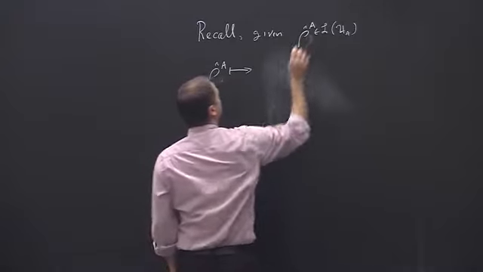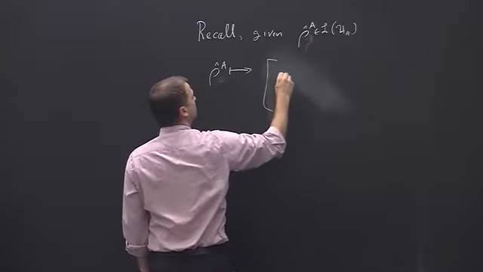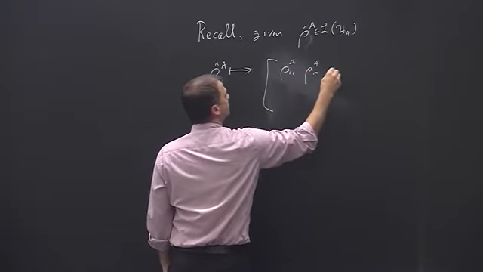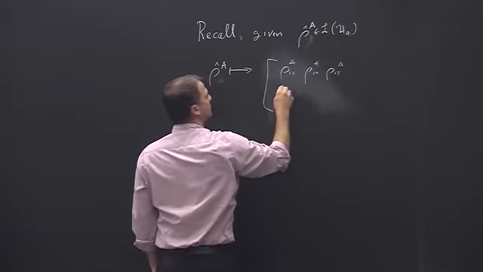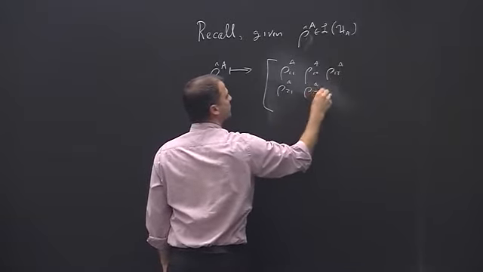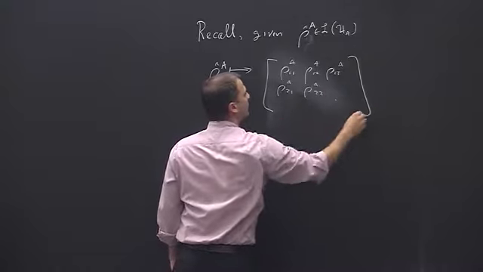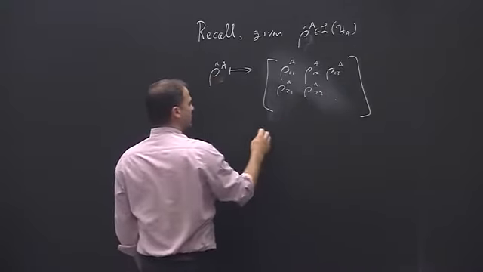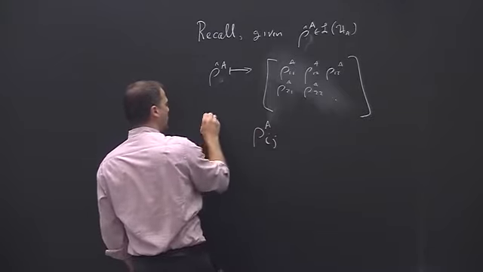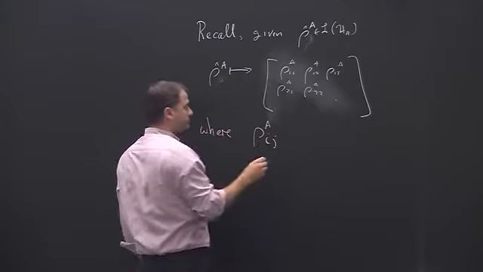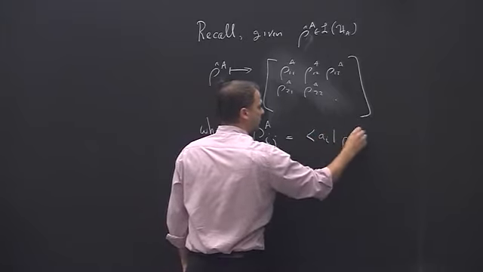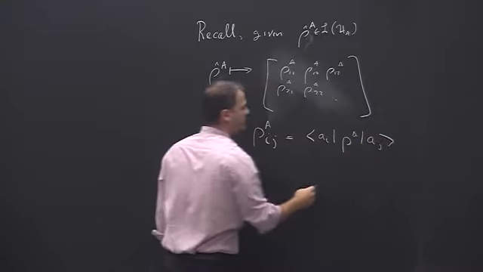Okay, so here we have rho A11, rho A12, rho A13, rho A21, etc. This is rho A22, and so on. And here we have the definition that rho ij of A is equal to, say, A i rho A A j.